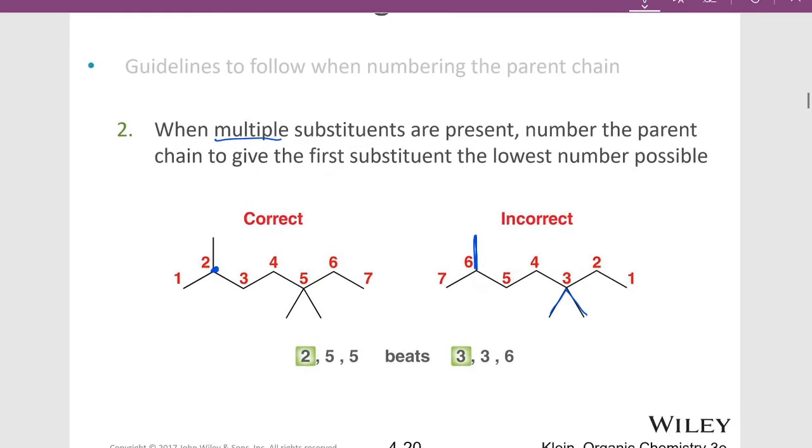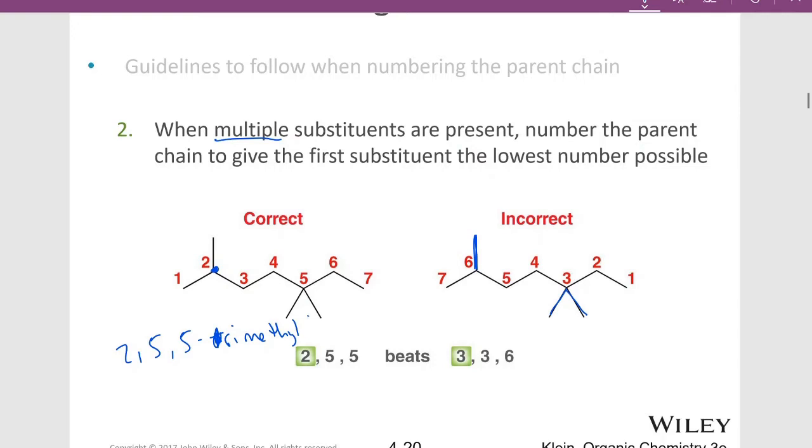So we could go ahead and name this molecule. If we use the numbering method on the left, this would be 2,5,5-trimethyl.